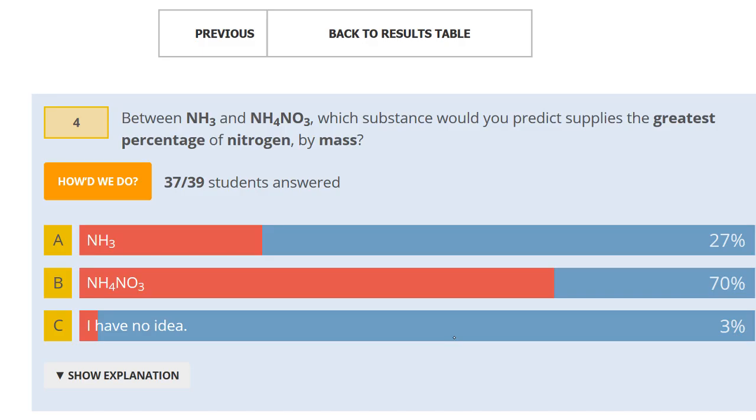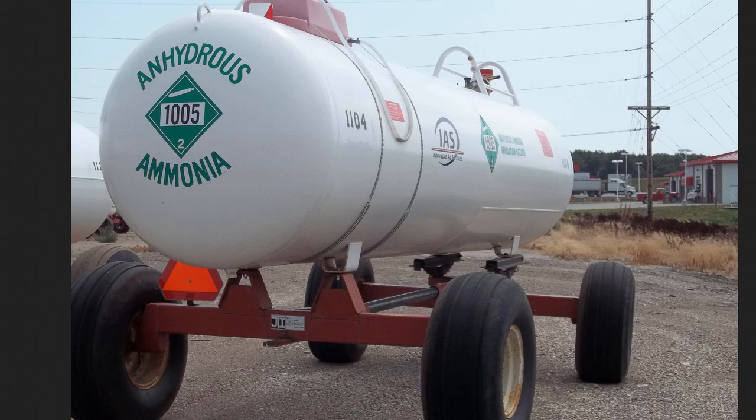So now, these two are very different substances. In fact, I brought up some pictures of these today. I think I've told you before that I was raised out in the country, kind of a hobby farm type thing. And so I know a lot about this stuff. But as far as how these forms come in, this is one of the ways that we find ammonia. So if you were to go driving out in the country, you're going to see these big tanks out there of anhydrous ammonia.